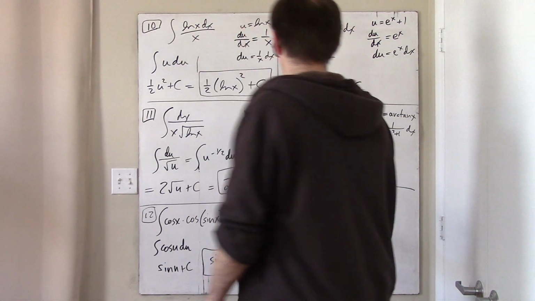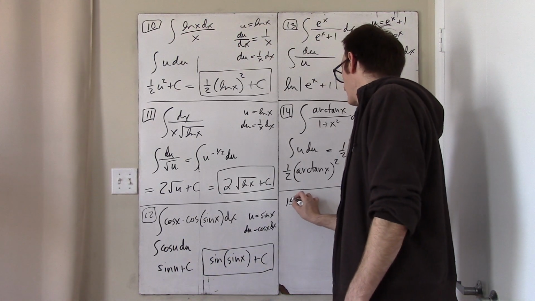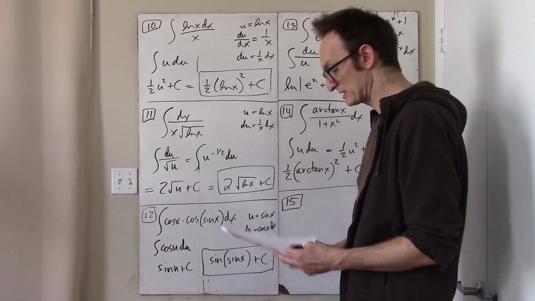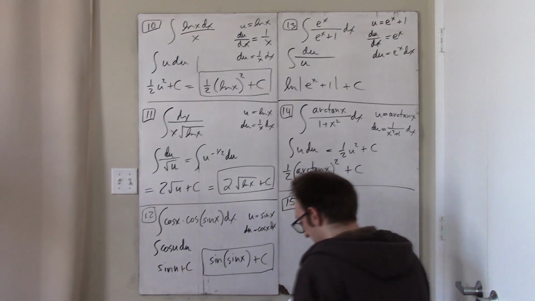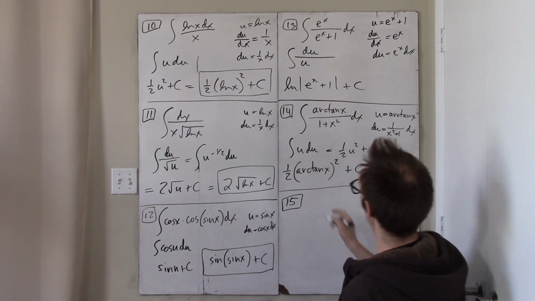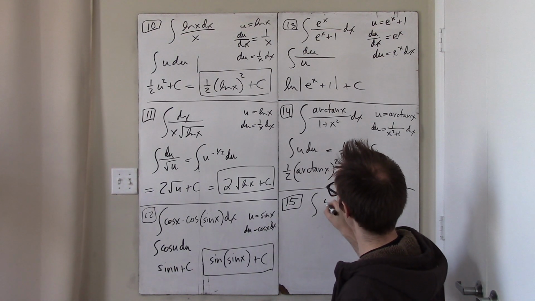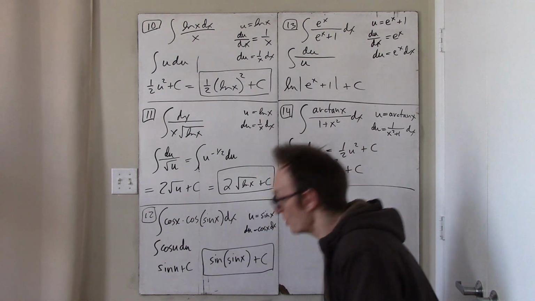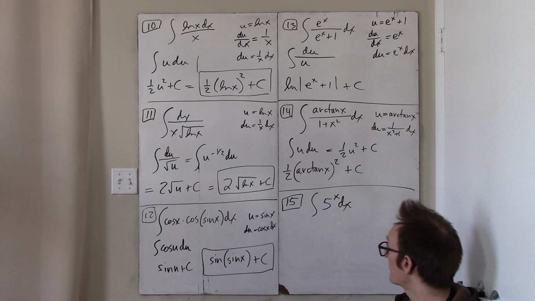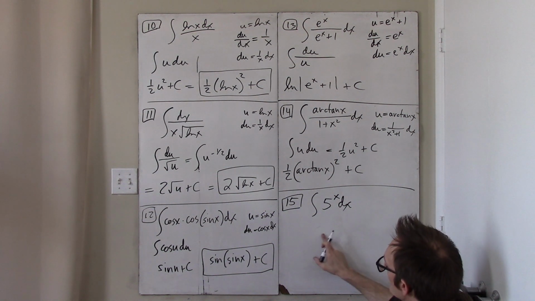15 is another good problem where you could just do this in your head, or you could do a u-sub, I suppose. The problem is, what's the antiderivative of 5 to the x? Well, you have to know that the derivative of 5 to the x is ln 5 times 5 to the x.